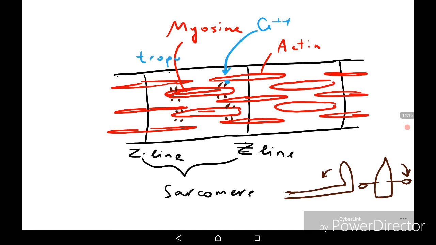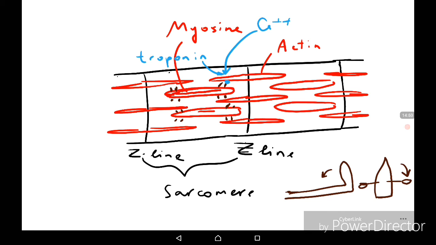So when calcium binds the protein troponin, then another protein, tropomyosin, opens the access of the myosin head to the protein actin.